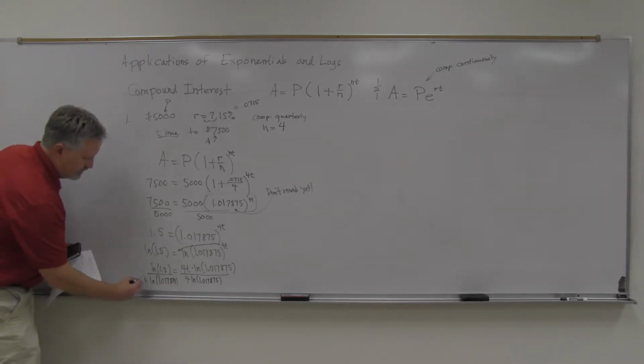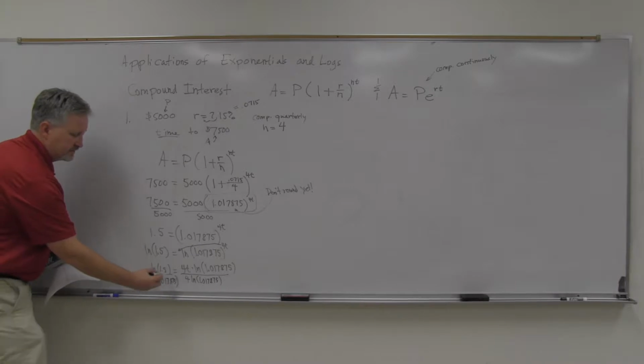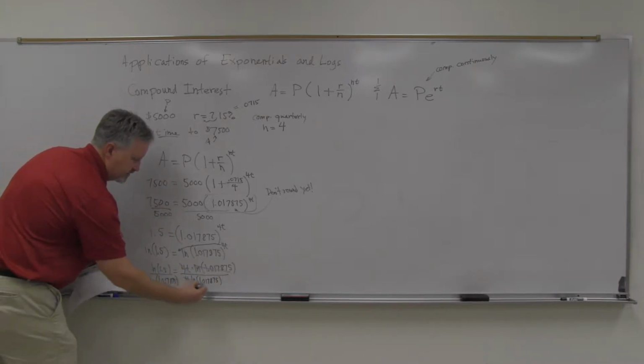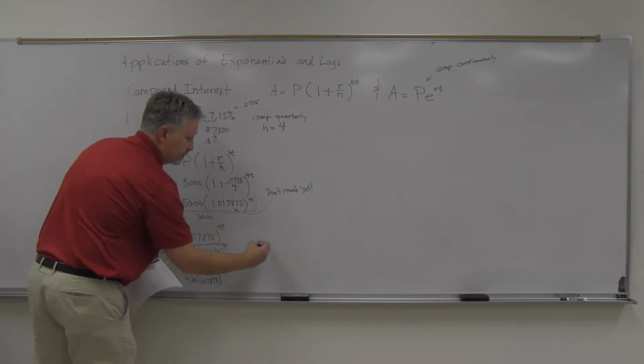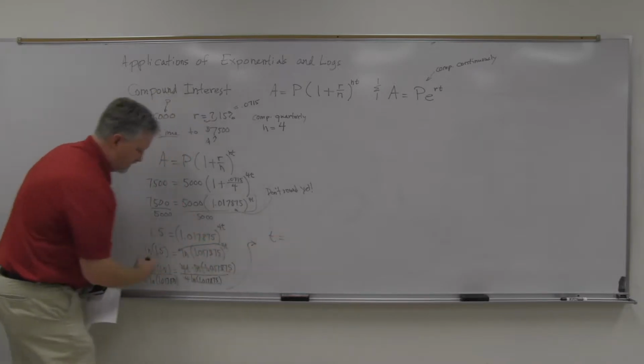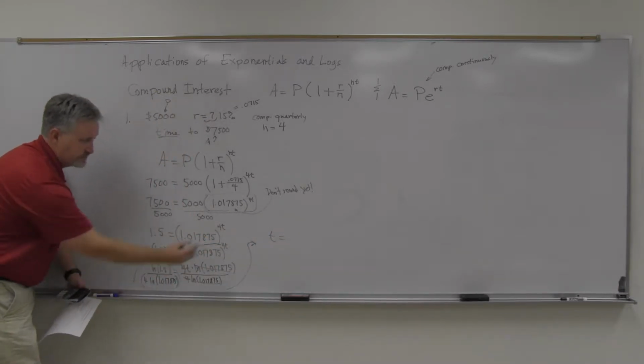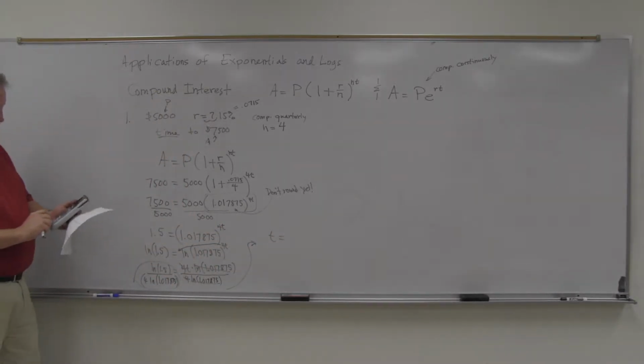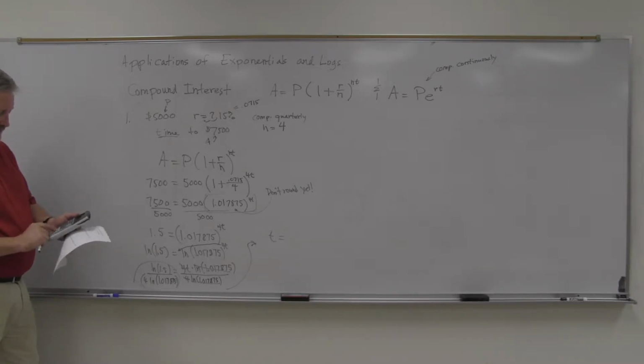And so again, be sure when you put that in, that'll be your t. Whatever that is, that's what t equals there. All right, so ln of 1.5 divided by parentheses 4 ln 1.017875.